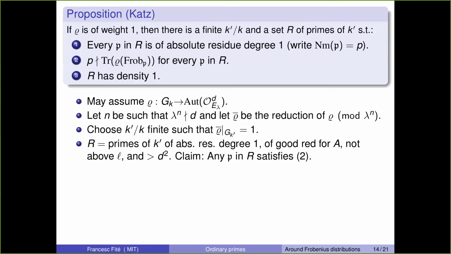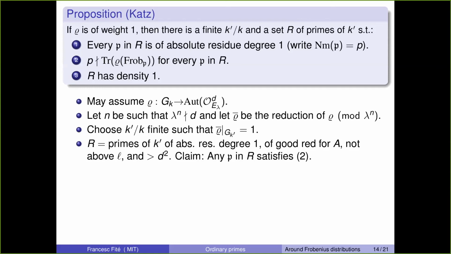And then I just take for K prime the extension of K cut out by this reduction of rho modulo lambda to the n. That's going to be the K prime that we want. And then we define R as the subset of the set of primes of K prime which have absolute residue degree 1, good reduction for A, which do not lie above the prime L, and which are sufficiently big.